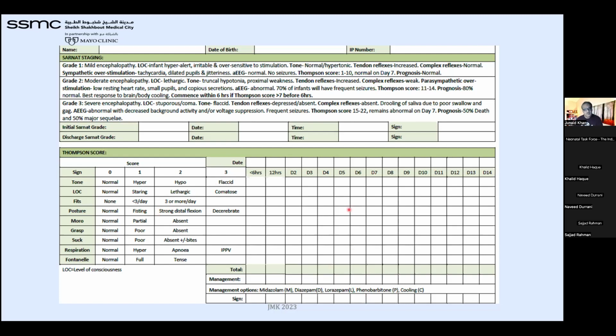You can use this when you are treating a baby with HIE, and you can see that you have to examine on day 2, day 3, and day 14, and what kind of treatment you are giving. You can have both hand in hand, which gives you a better idea whether the baby's prognosis is guarded, or whether it can have a good prognosis later on.